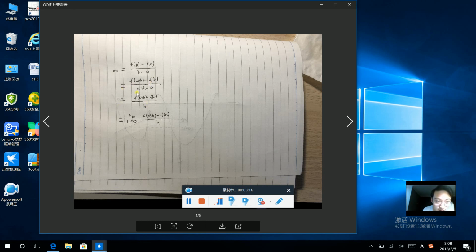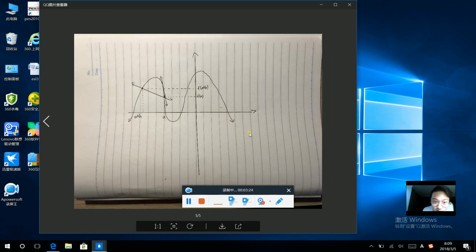Finally we get this answer: f(a plus h) minus f(a), divided by h. Moreover, in this graph, if a plus h approaches a, h should be increasingly close to 0, as is known to all.